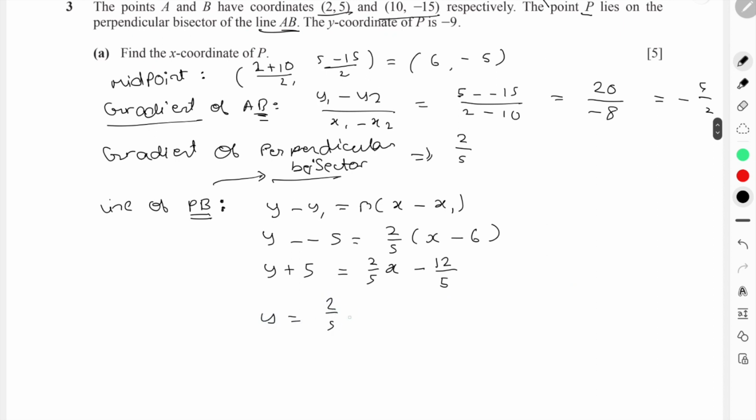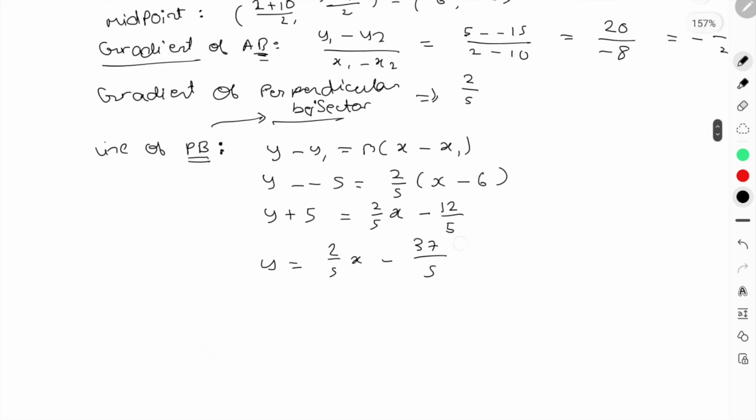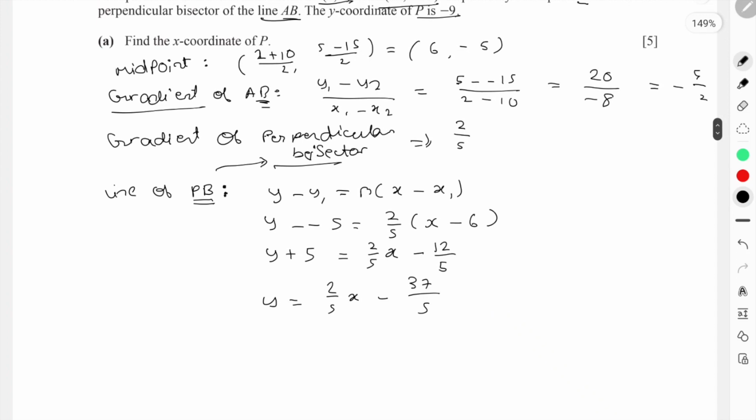Y equals 2 by 5 x, and then let's find this. That's minus 37 by 5. We know that the y coordinate is minus 9. So we have to put that in to get minus 9 equals 2 by 5 into x minus 37 by 5.